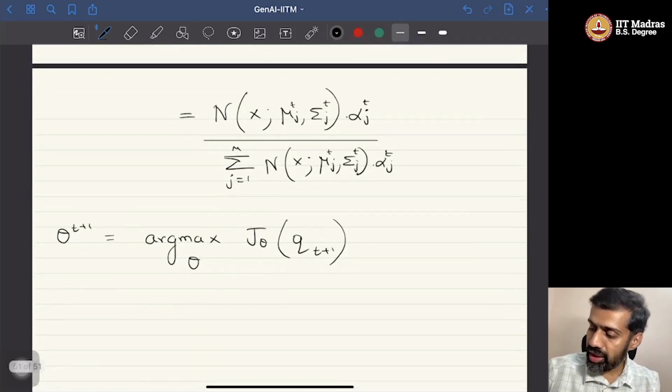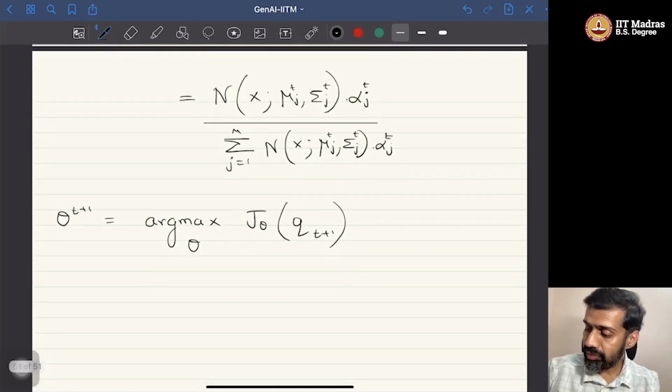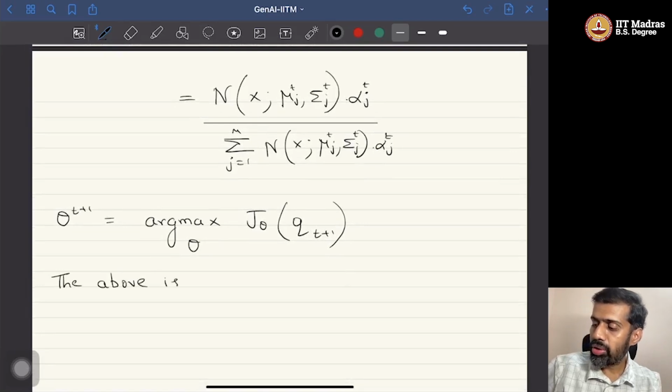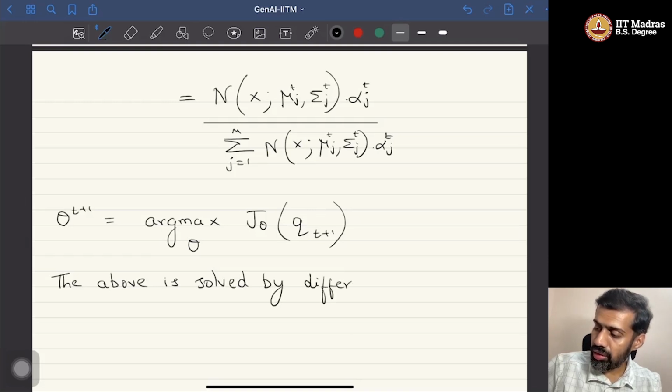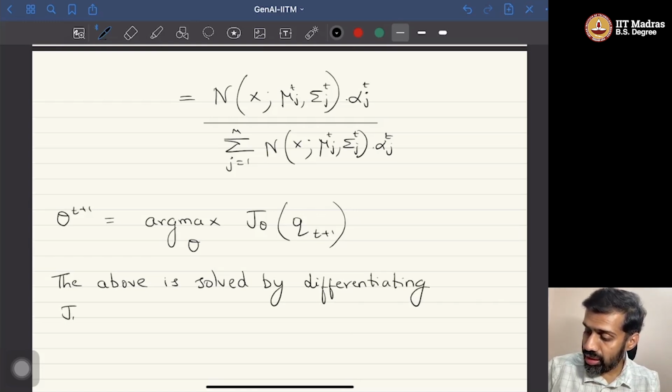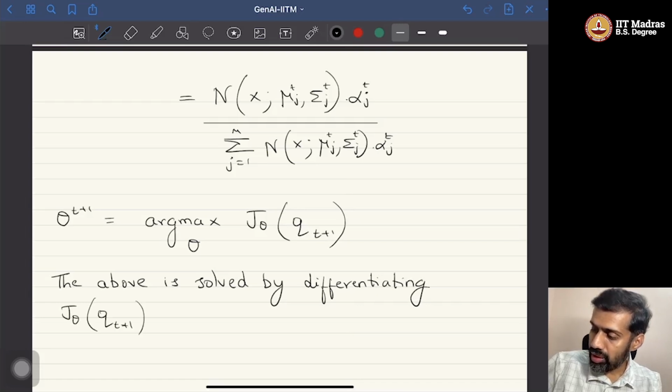So the above is solved by differentiating J theta of q_{t+1}, call it q star t plus 1, with respect to theta.